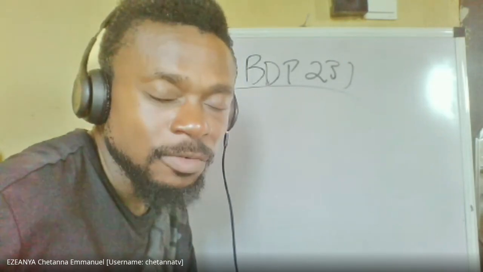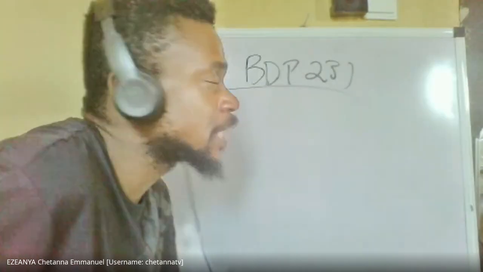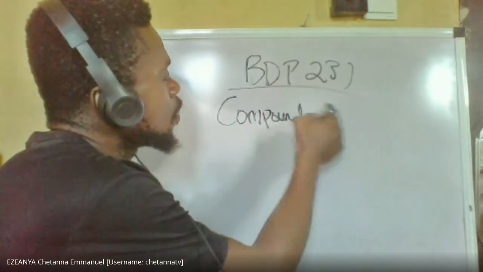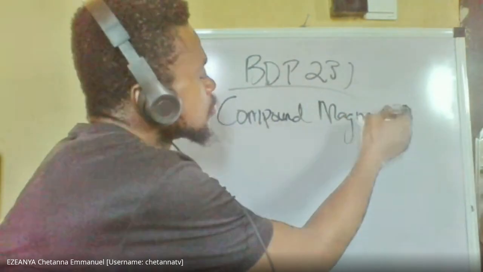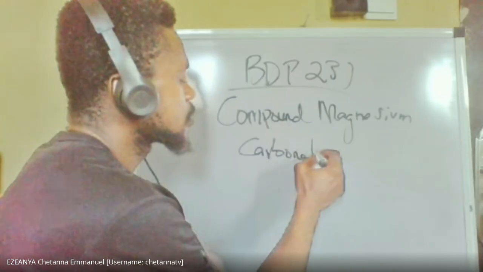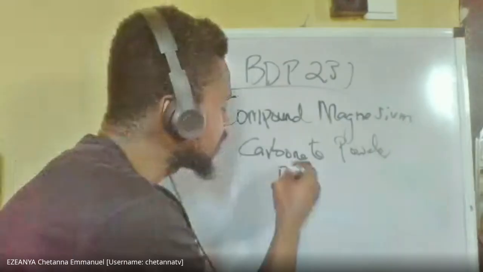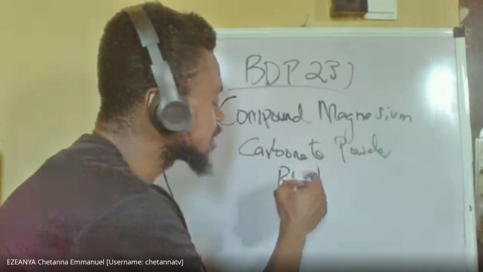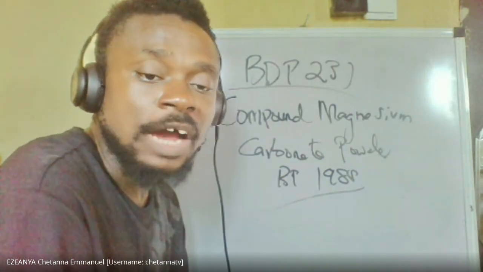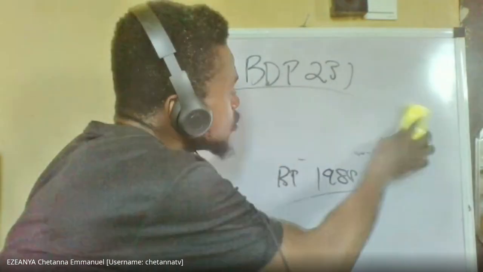The specific compound powder we prepare is compound magnesium carbonate powder, BP 1988. So what I want to do is write down the formula, so I can teach you how to do the calculation.